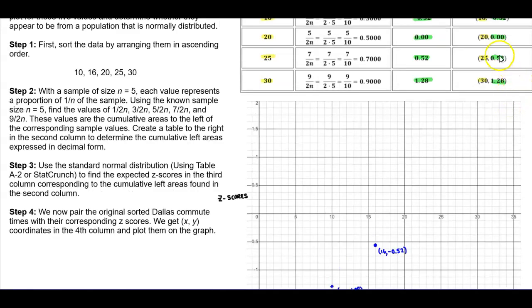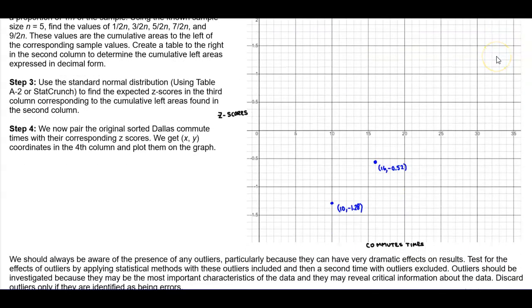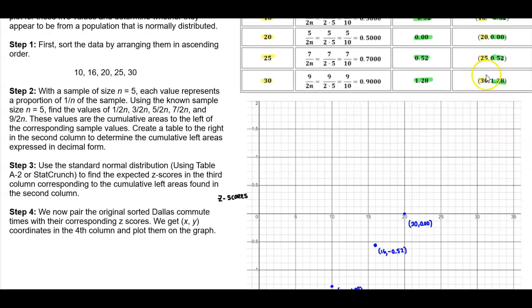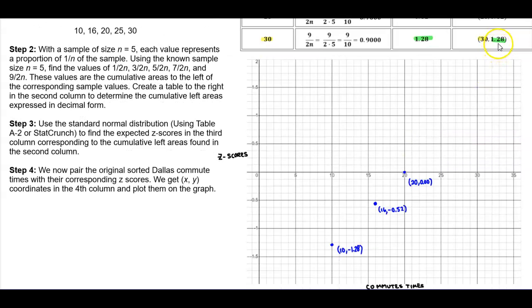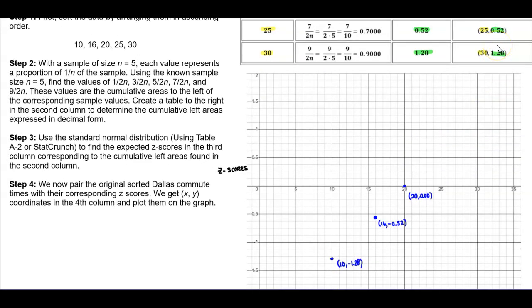Okay, the next ordered pair is 20 and then 0. So right here at 20, that is 0. So we're going to write 20 and then 0.00. The next ordered pair is 25 and then 0.52. So if we go to 25, and then this is approximately 0.52.